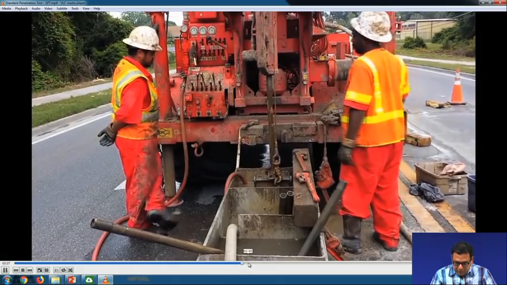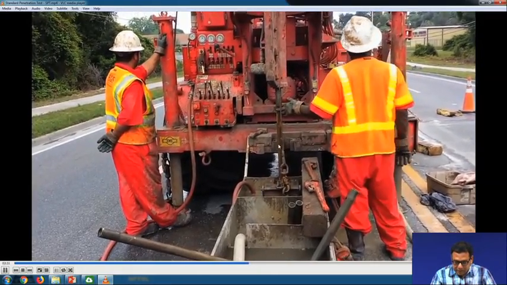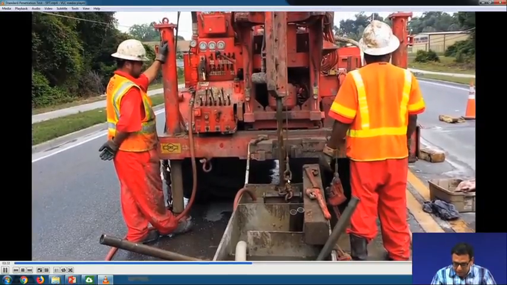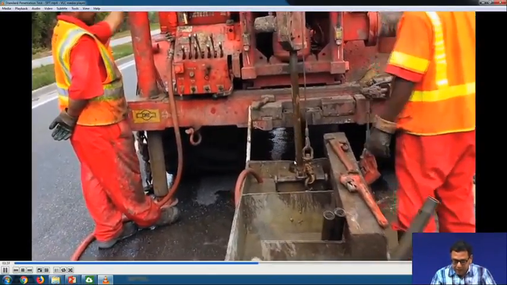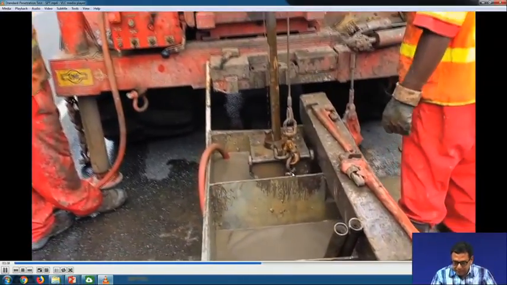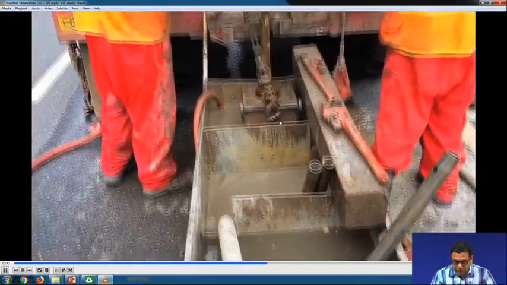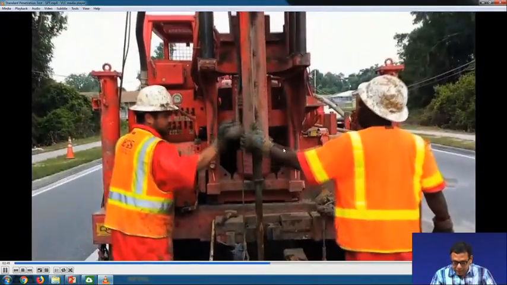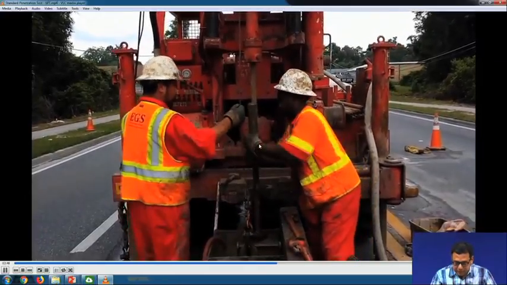Once the total 450 millimeter is driven into the soil, the drill rod or the sampler tube is removed from the borehole, and then we collect the soil sample. Now the hammer blow is completed.